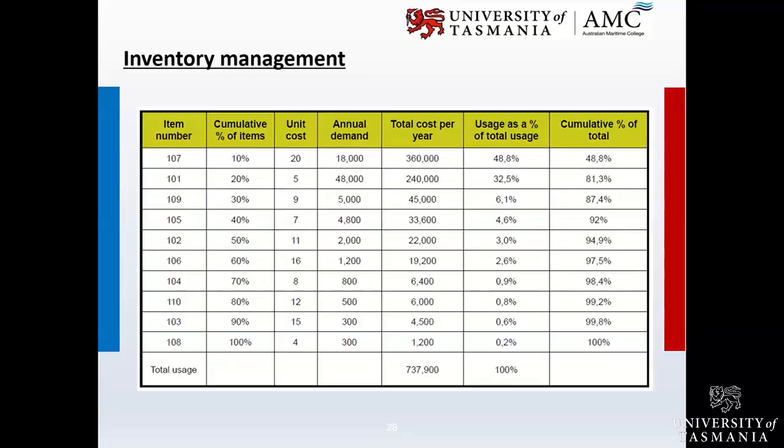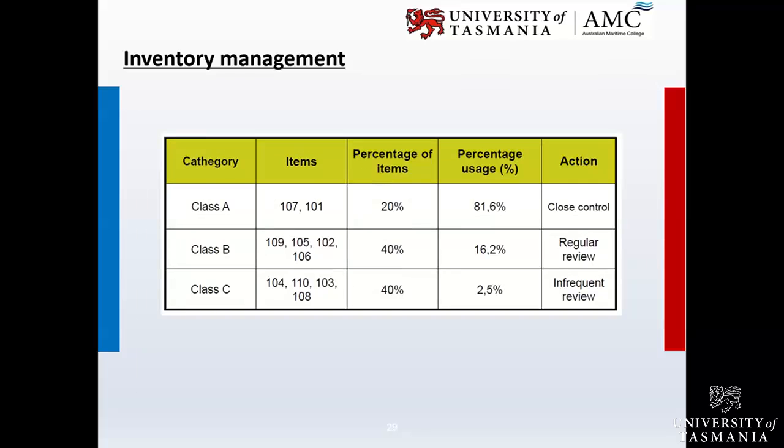So for this example, A items include 107 and 101. The percentage of items is 20%, and the usage percent is 81.6%. So it means 20% of items in this company will contribute to the total usage with a percentage of 81.6%, and the items are 107 and 101.